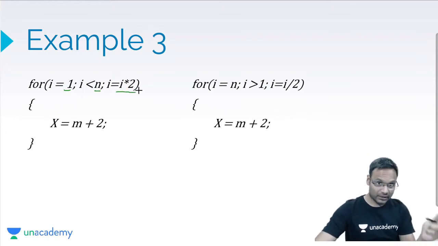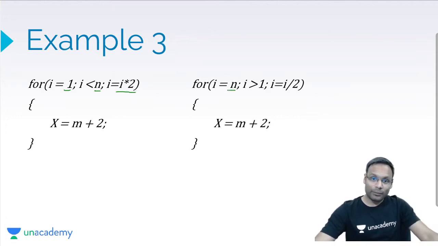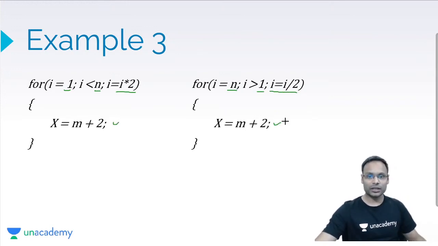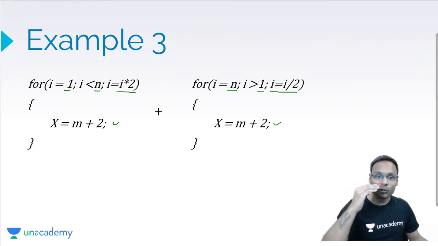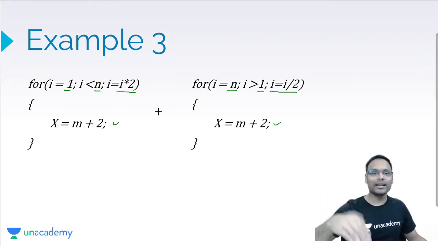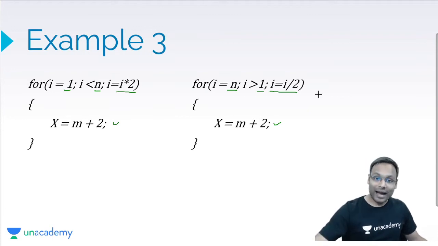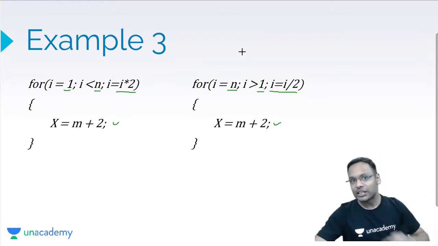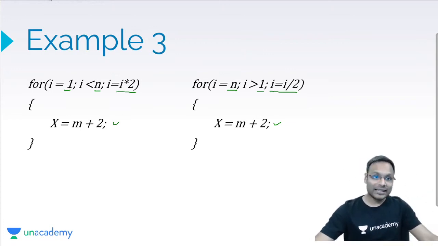Or the reverse: starting I from n, going down to 1, and dividing by 2, and inside I am doing a constant operation. In that case, when I go from 1 to n and after every iteration multiply I by 2, or go from n to 1 and after every iteration divide I by 2, the complexity will become log of n base 2.